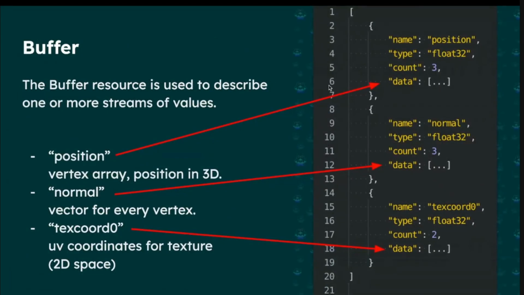Buffer. If we create a buffer in the editor, it will look like that, kind of JSON with several objects. In general, a buffer resource is used to describe a stream of values. It could be any values for any reason that you want. A mesh usually uses position values, so it's a vector3 that describes the position of the points.